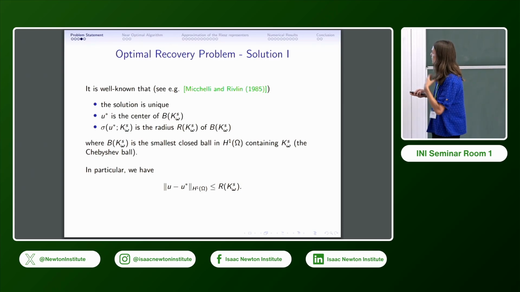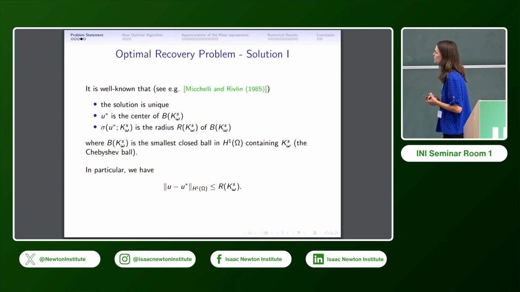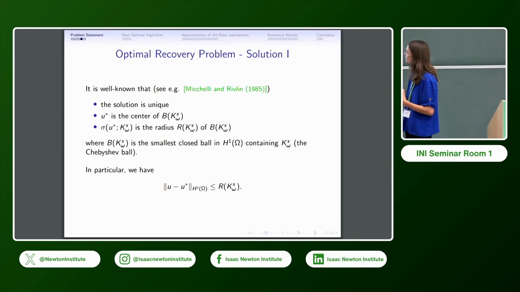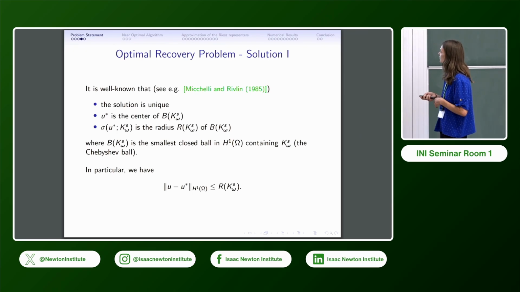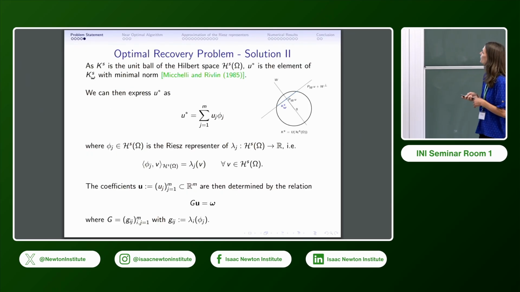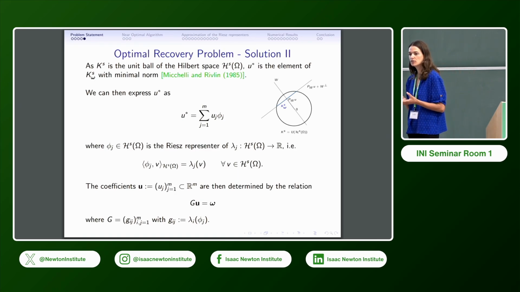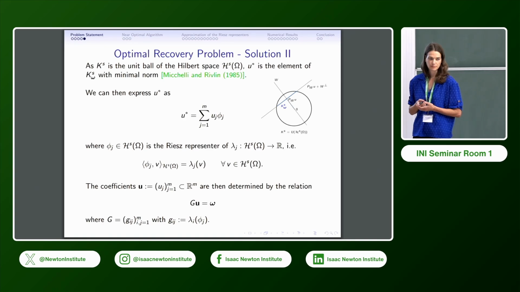And so this is usually a theoretical tool because it can be difficult to actually compute Chebyshev centers or Chebyshev balls. But in the particular case where we are dealing with the unit ball of a Hilbert space, we actually saw that U star can be characterized as a minimal norm interpolant and can be expressed as a linear combination of Ritz representers.